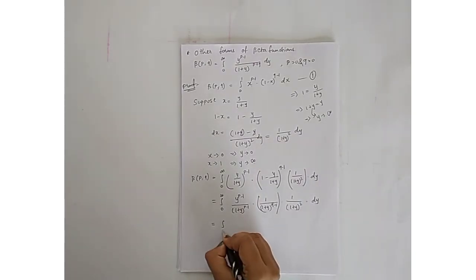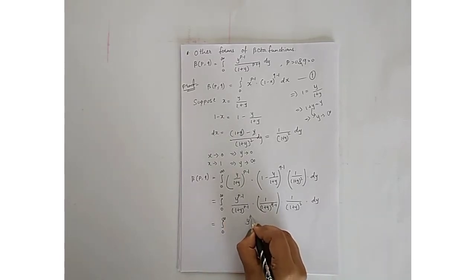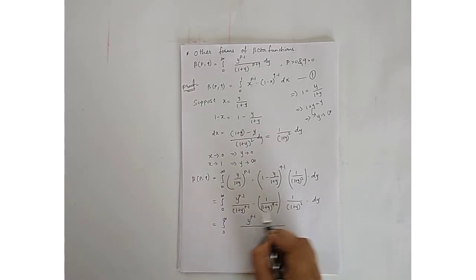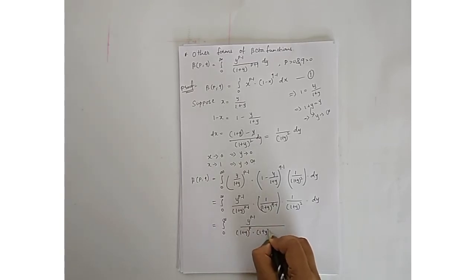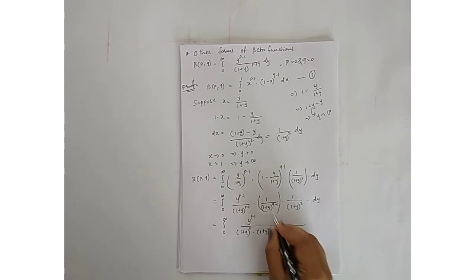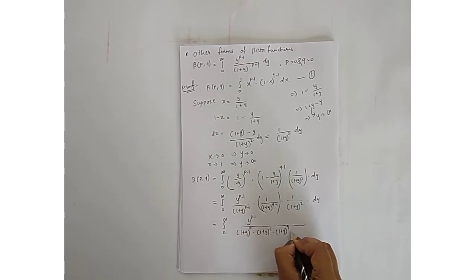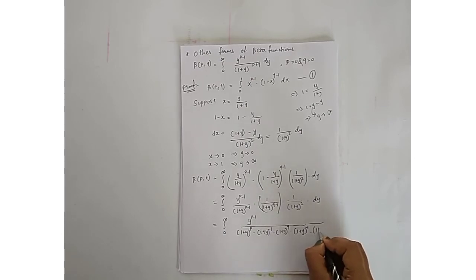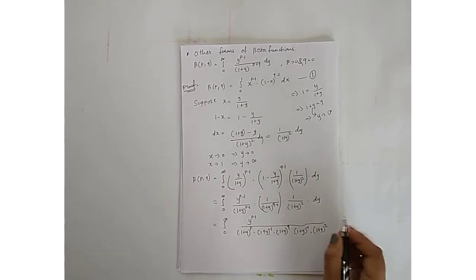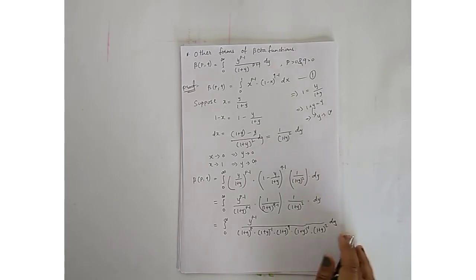So it is equal to the integration y to the power p minus 1 into (1 plus y) to the power minus p into (1 plus y) to the power minus 1 into (1 plus y) to the power minus q into (1 plus y) to the power minus 1 into (1 plus y) to the power minus 2 into dy.